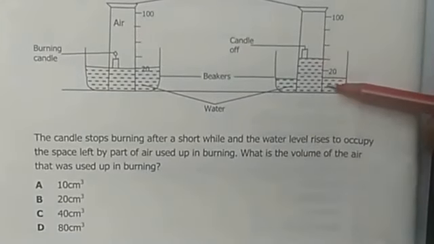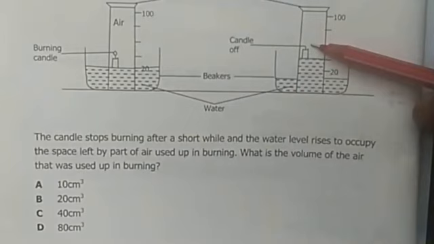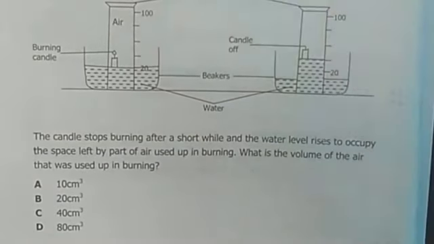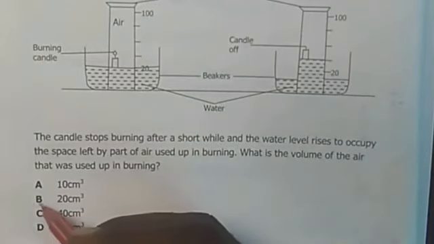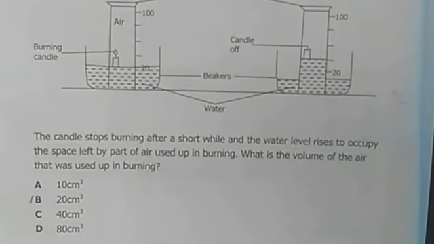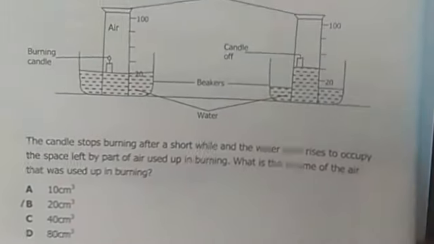Never mind about this outside of the cylinder. Okay, so what is the volume? So 20 to 40, that is 20. So the volume of air used up is 20 centimeter cubed. That is the amount of air that has been used.